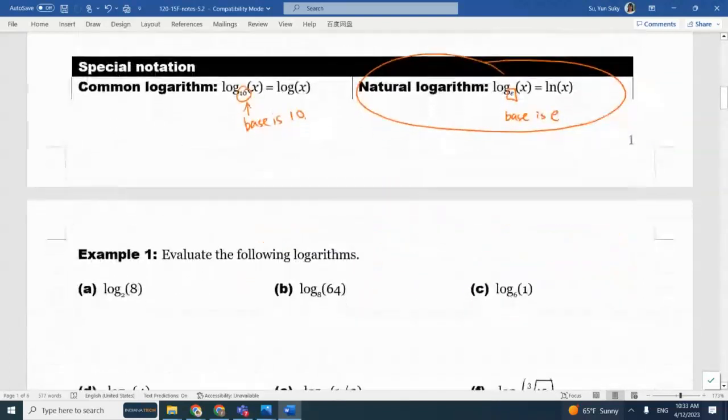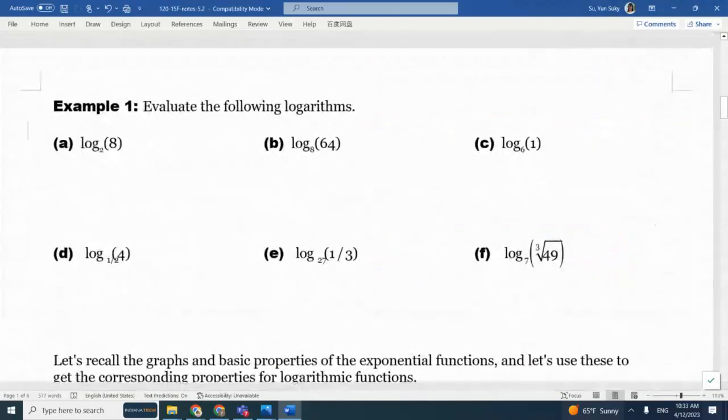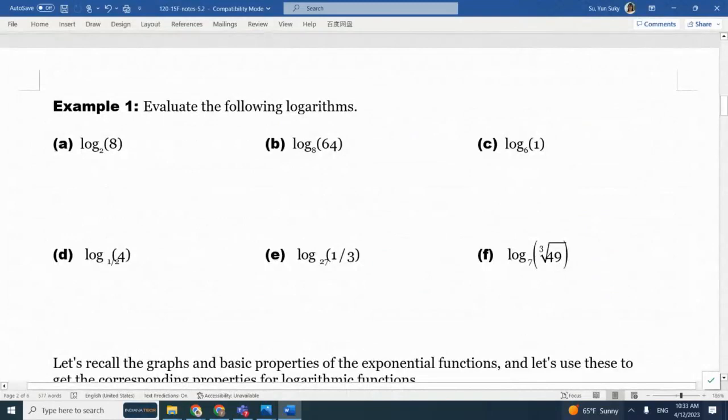All right. So example 1. Evaluate the following logs. So how do we do it? Remember log b of b to the x is x, and b to the log b of x is x. Therefore 8, what is 8? 8 is 2 to the third.